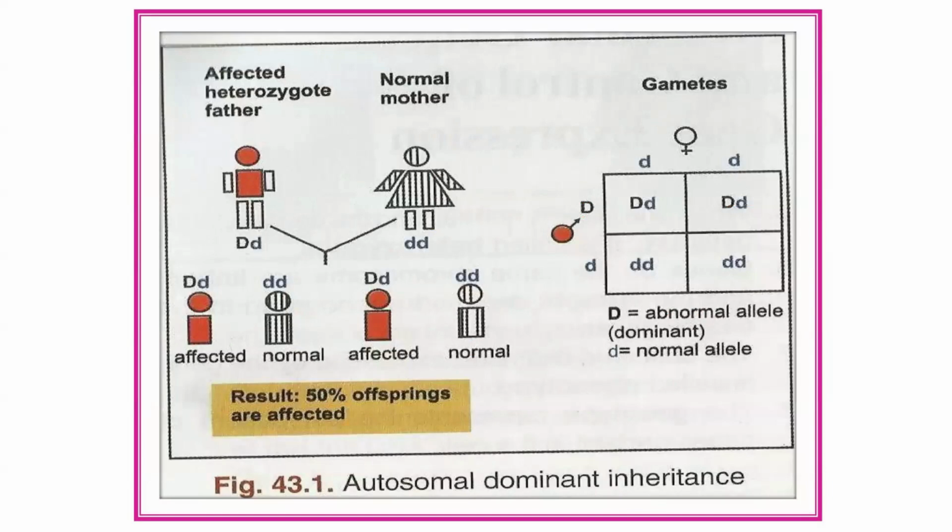And when a trait is autosomal dominant, then only one parent needs to have an altered gene to pass it on. So if one of the parents is having that altered gene, then it can easily pass it on. Like for example, look at it here.